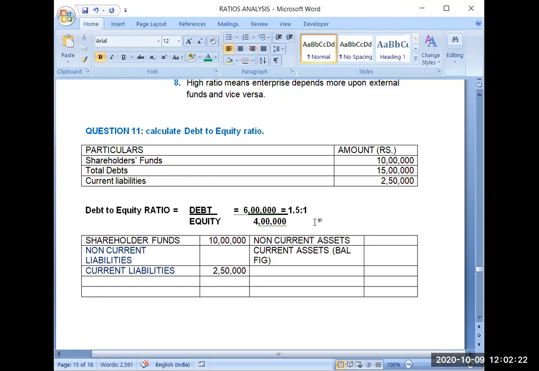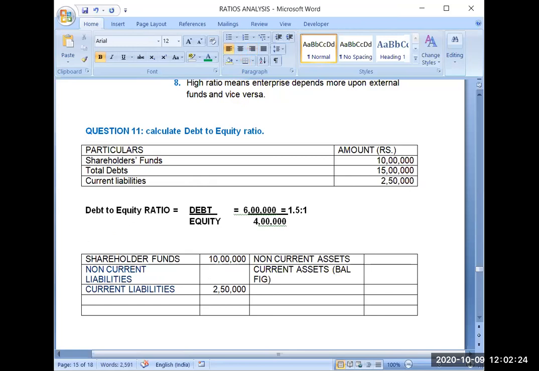So now I will put it in formula form. Non-current liabilities is equal to total debt minus current liabilities.